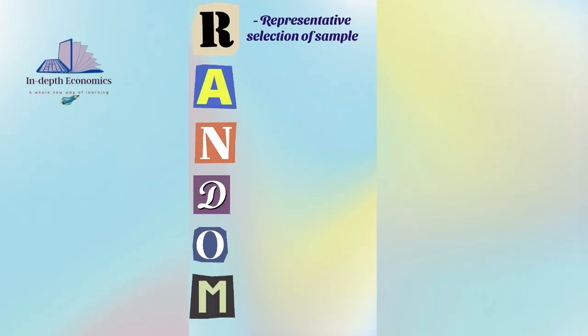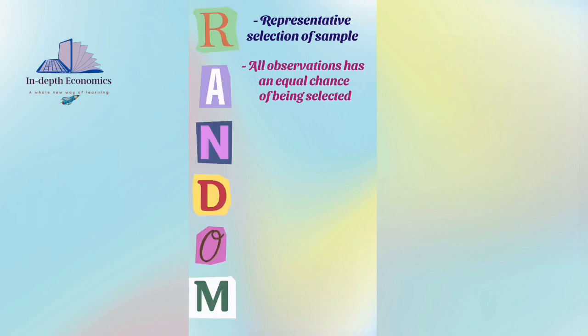Before we go on to list down the key differences between random and non-random sampling method, let us do something very interesting. We will use the acronym RANDOM to learn more about random sampling method. This method involves random selection of sample from the population. So all observations have an equal chance of being selected.